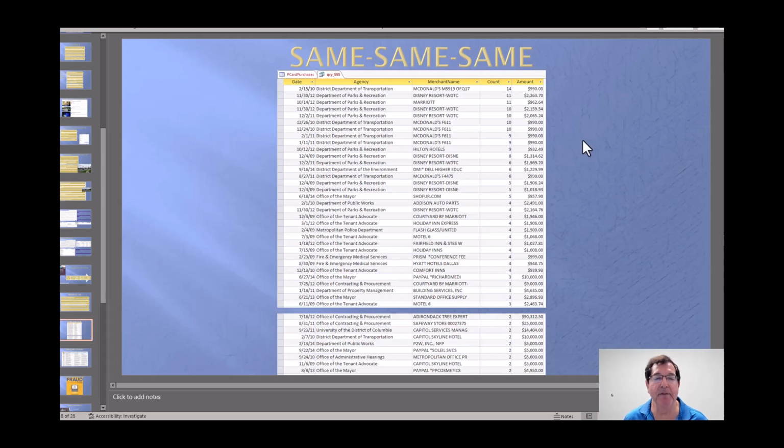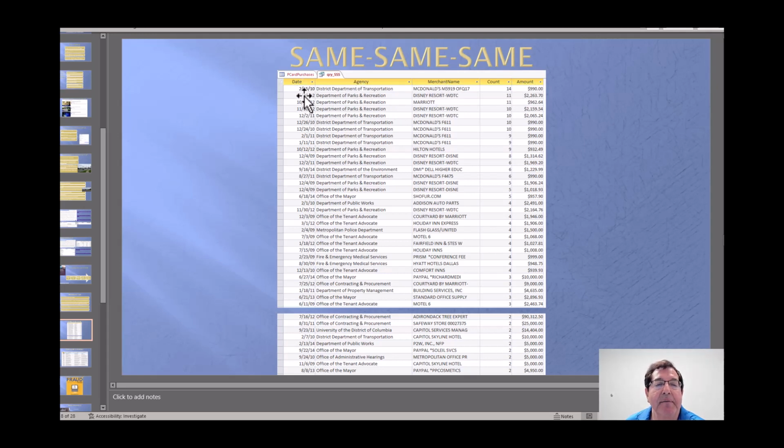Same. This is again the purchasing card transactions, and this is the example in the book. This is rather strange. We have same date, same agency making the payment, same merchant, $990 coming in just below 1,000, 14 times, same date, same agency, same merchant.